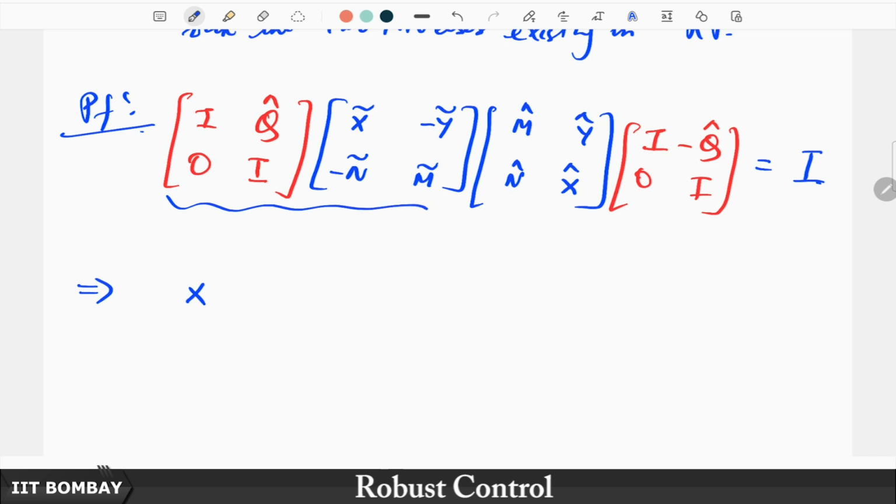I am going to first take these two together and then these two together, and write them down as a product.